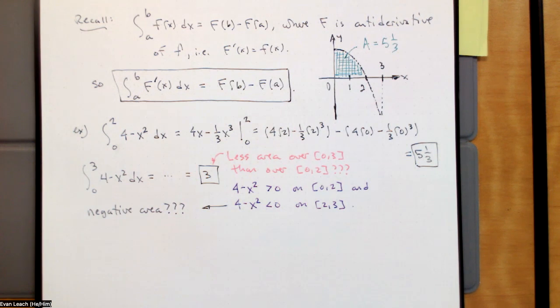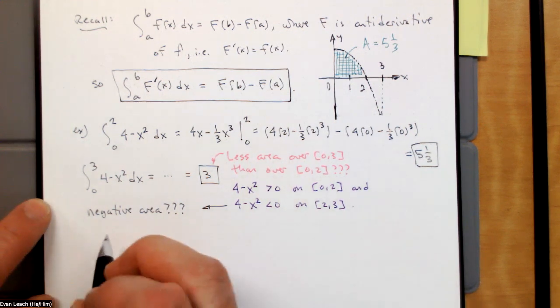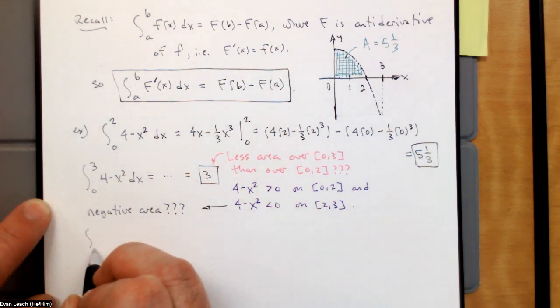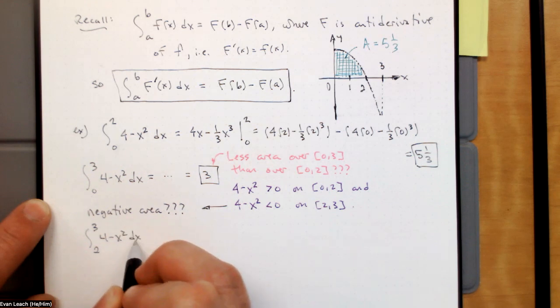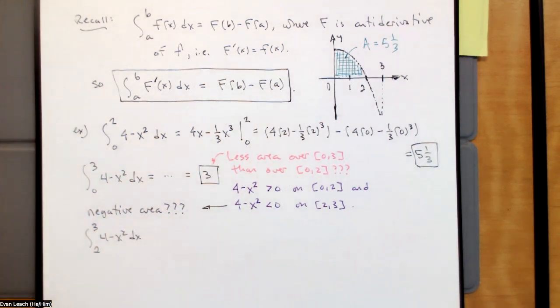So these observations led us to speculate that maybe the definite integral reads the area under the x-axis as negative area. Let's find out. We're going to take 4 minus x squared, and we'll integrate that from just 2 to 3.